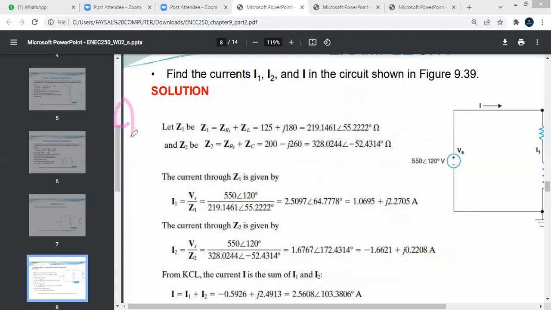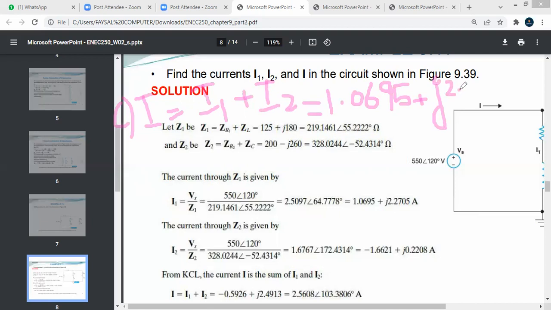So C will be I equals I1 plus I2. The I1 value is 1.0695 plus j 2.2705.